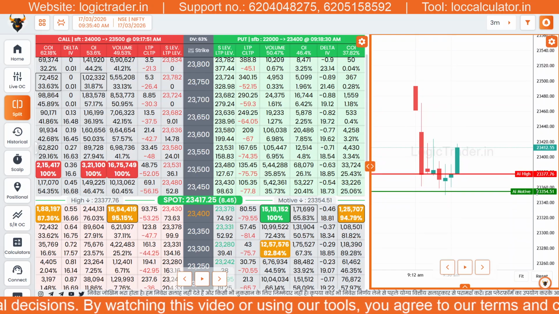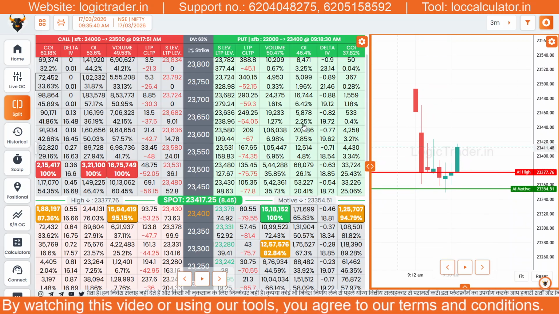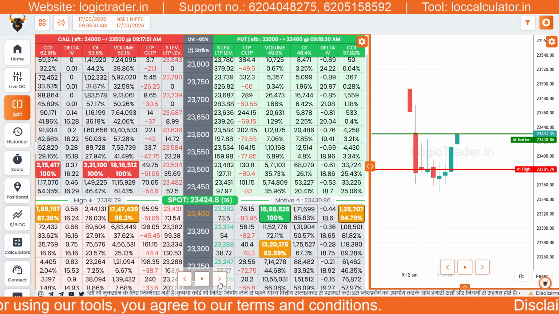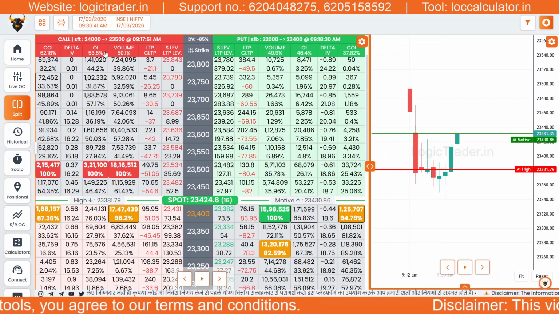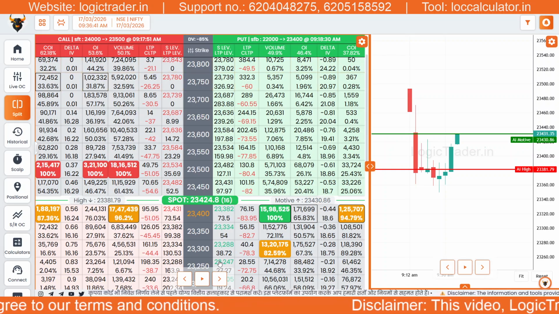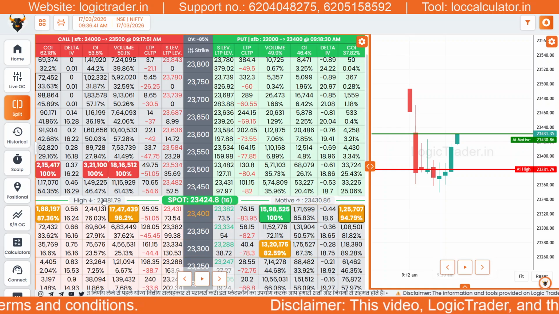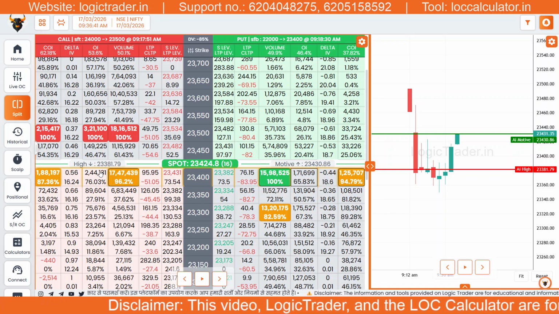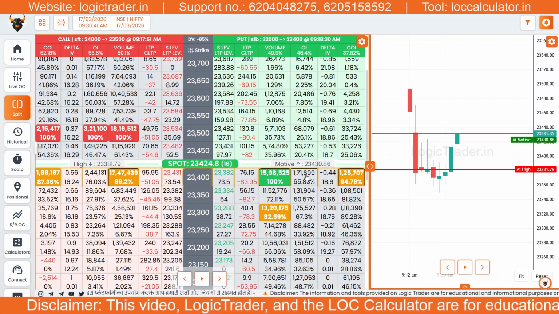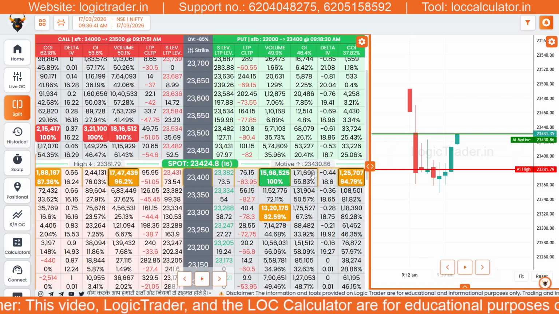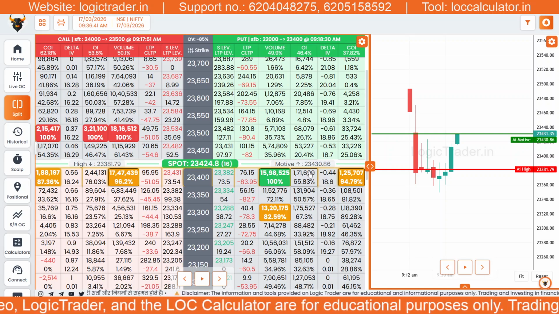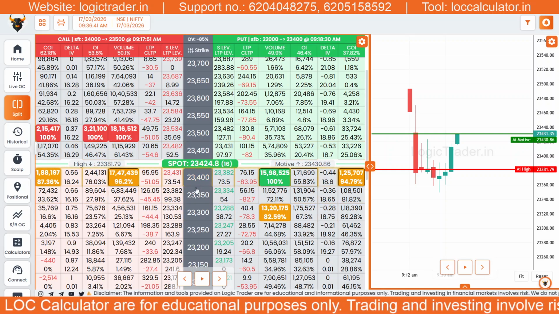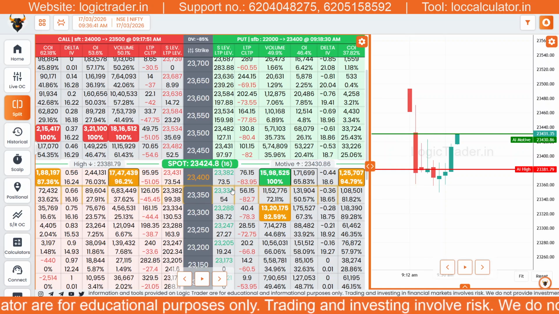Now, as soon as we move to 9:36 a.m., we can observe the left-right indicator. On the call side we can see high with a downward arrow, and on the put side motive with an upward arrow. From this combination, we can understand that the market is indicating a sideways condition.